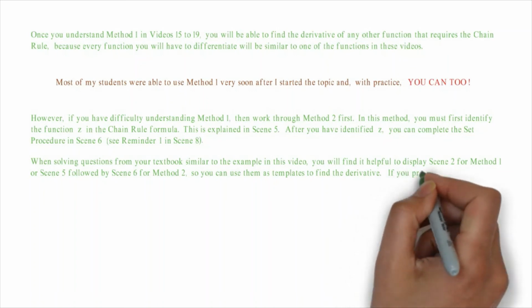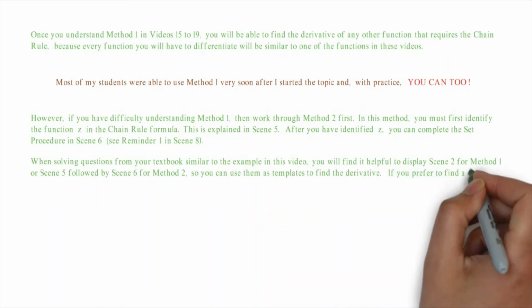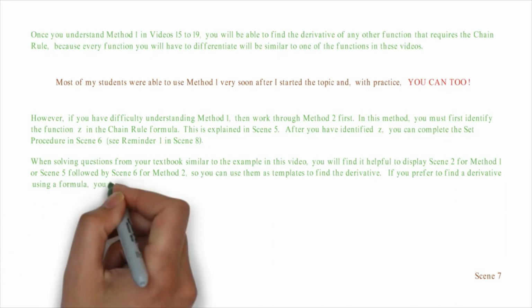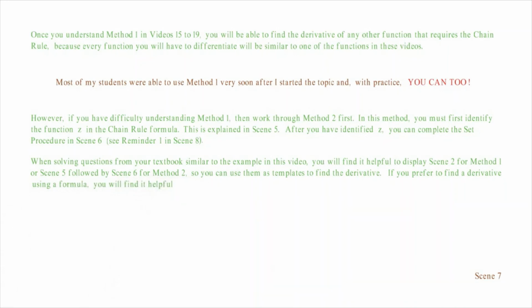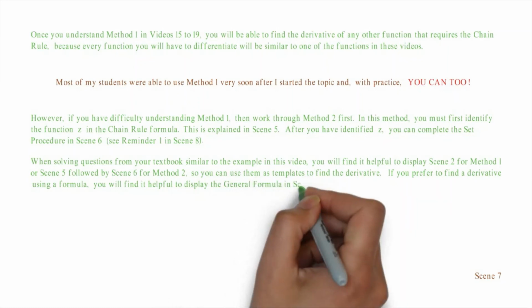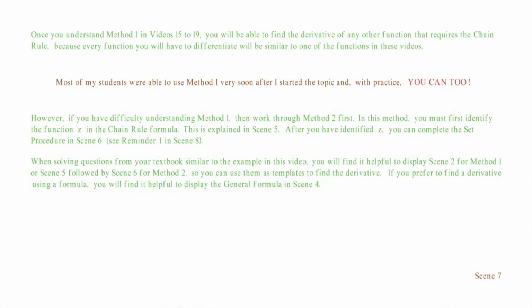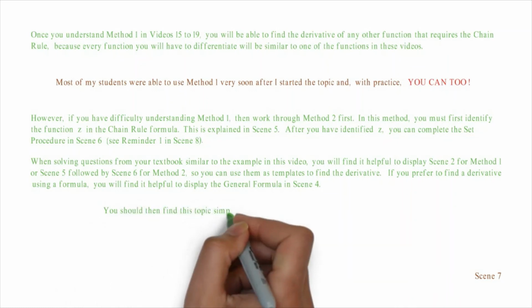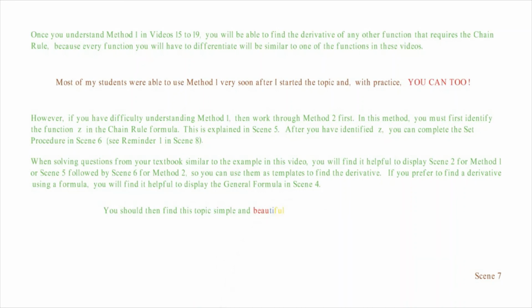If you prefer to find a derivative using a formula, you will find it helpful to display the general formula in scene 4. You should then find this topic simple and beautiful.